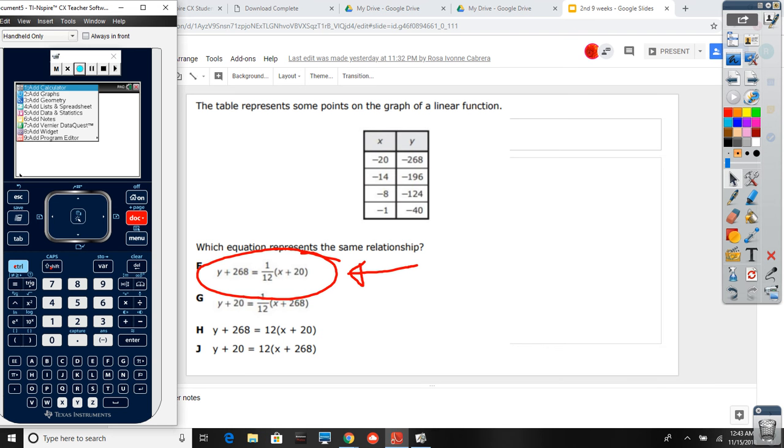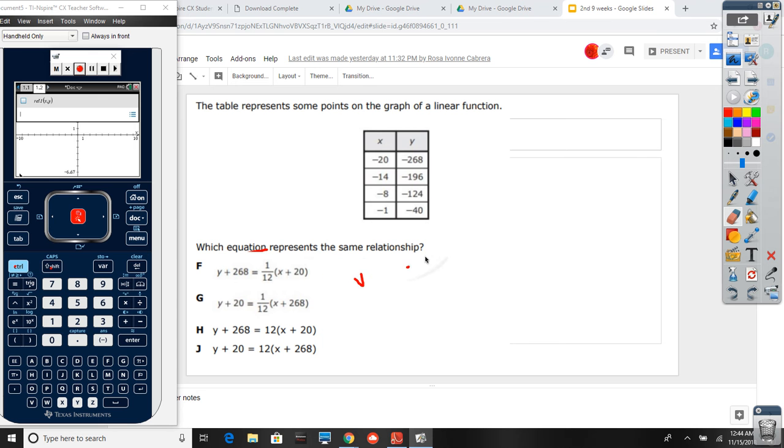So if I go to the graphs page and I change this, or delete that and type in a relation. By the way, the first sections that went to it didn't get the shortcut, but if you just delete the equal sign, you can get your relation. Okay, so I'm gonna type in the first one. By the way, that's not the answer. I was just kind of circling random stuff.